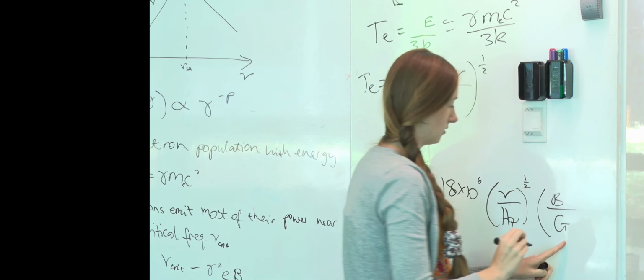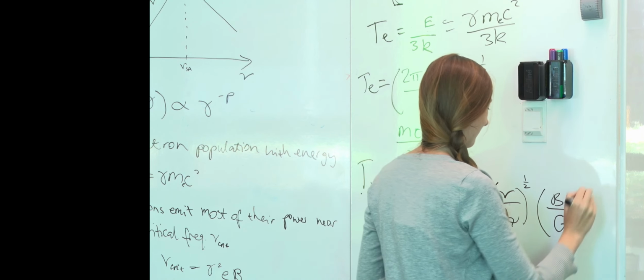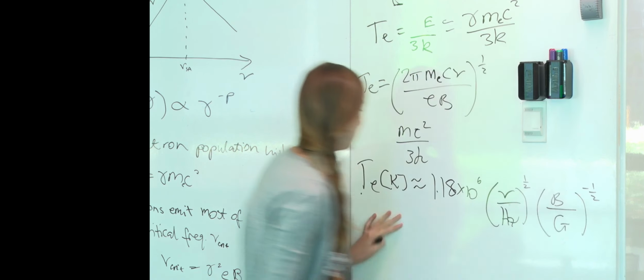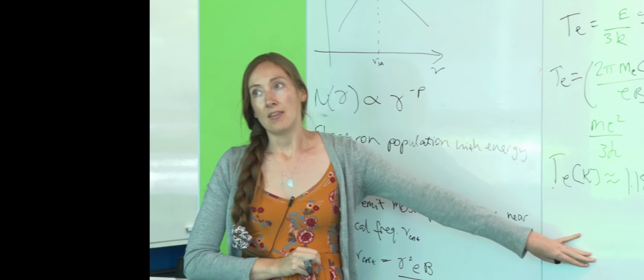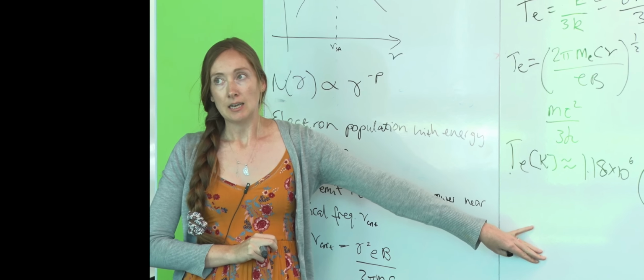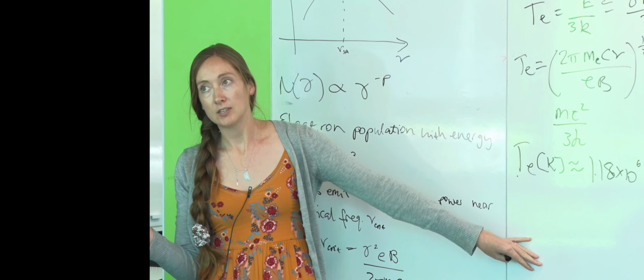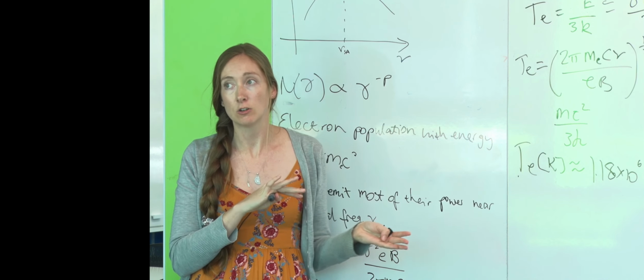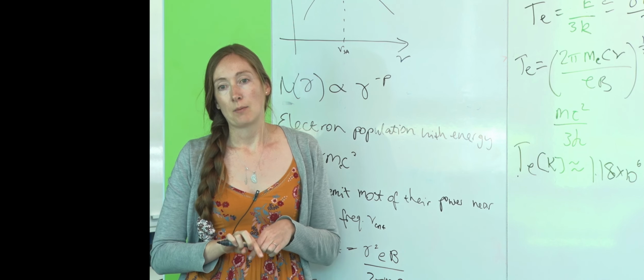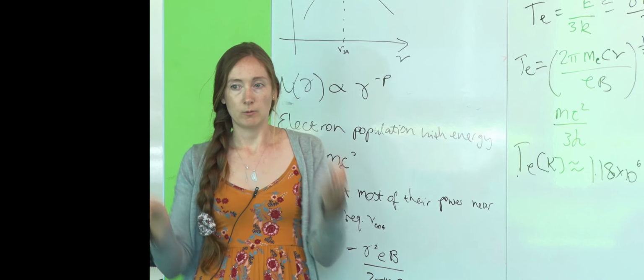That's not the gravitational constant, that's Gauss. Okay, so we have a temperature of the electrons. And then at a sufficiently low frequency, the brightness temperature of any synchrotron source will approach the effective electron temperature, and so the source will become opaque. And this is that concept of self-absorption.